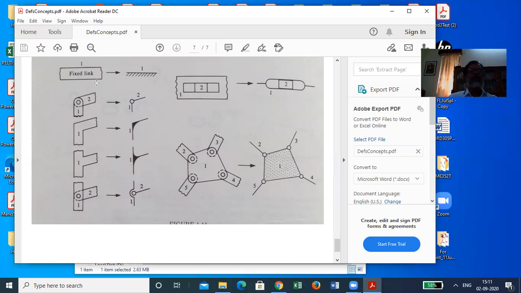Okay. Now, revolute pairs are shown in these ways. This is a revolute pair. Okay. One link can rotate relative to the other, and this is the way to show it.